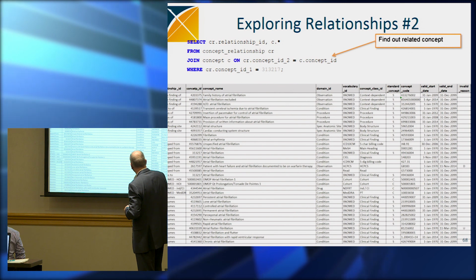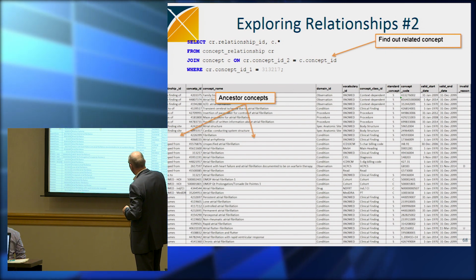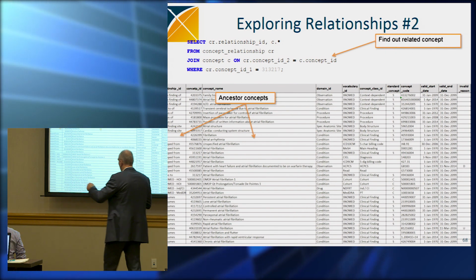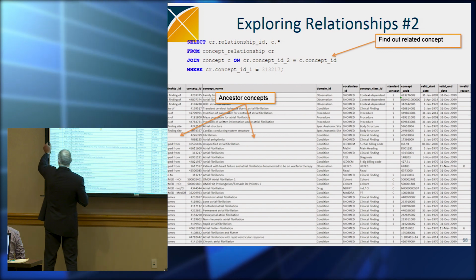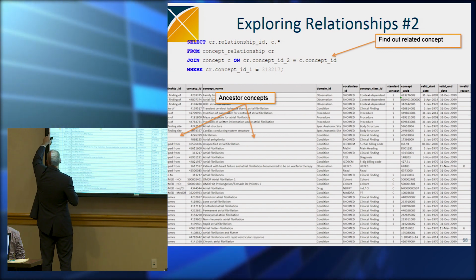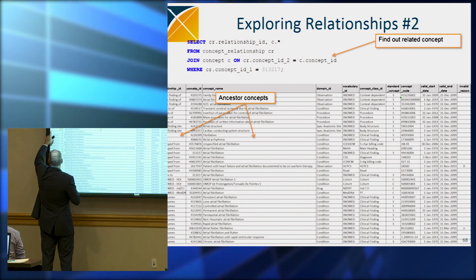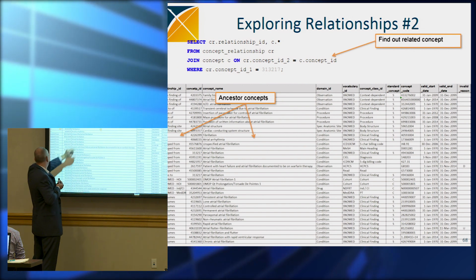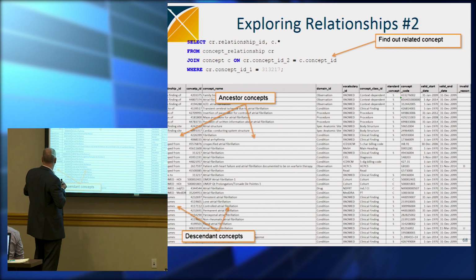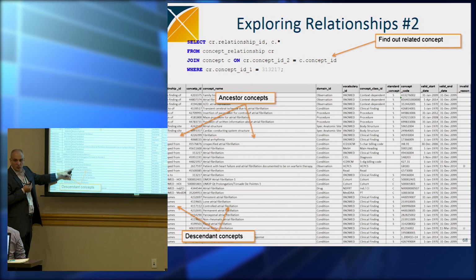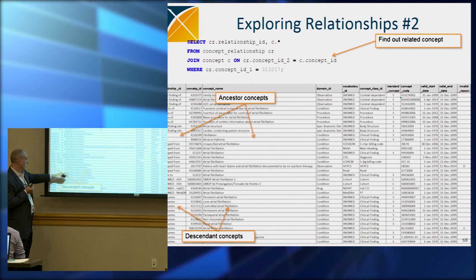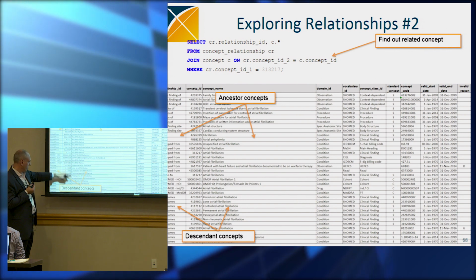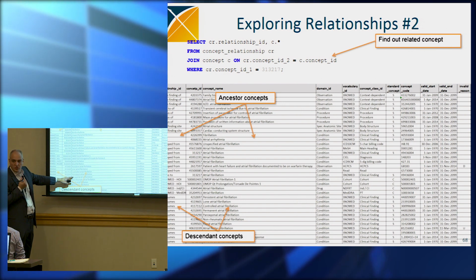So the related concept is concept ID 2. And these are ancestor concepts. They're called Is-A. Is-A gives you the parents, and subsumes gives you the children. Okay? So here's your persistent atrial fibrillation with a child, paroxysmal atrial fibrillation with a child.